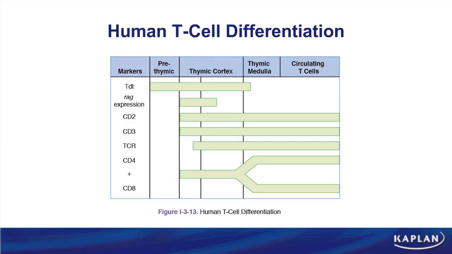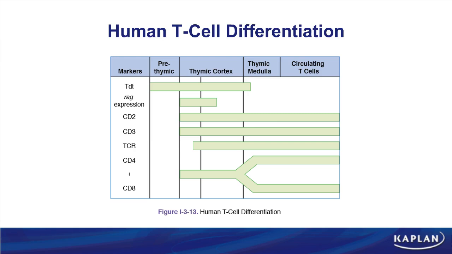If you're looking for a marker of your prethymic or double negative cells, the best marker that you're going to have is going to be TdT. And TdT is a hot marker in Step 1 because it is typically associated with ALL. So please take note that even though TdT was discussed here primarily associated with junctional diversity, you might see it appear in a pathology question.